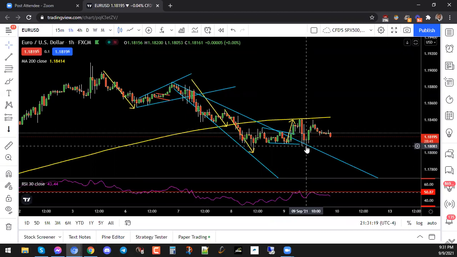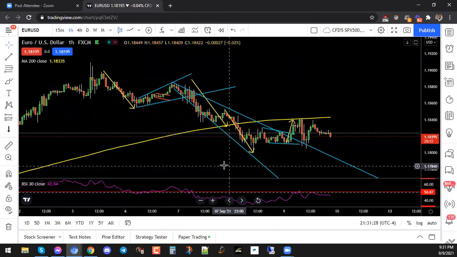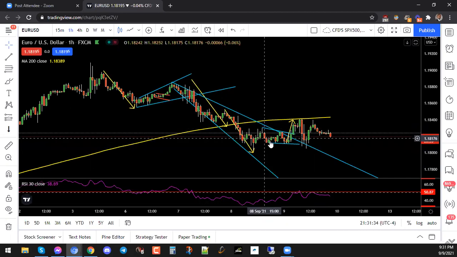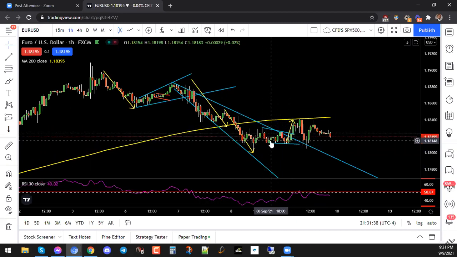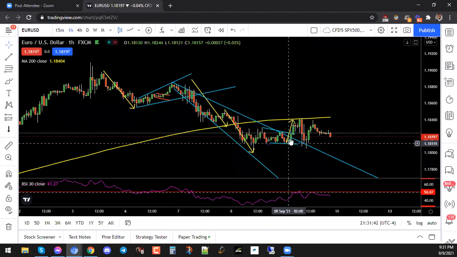Now, what we're going to do is try to understand what this pattern means. When you do chart patterns, whether it be Elliott wave or simple chart pattern formations, it will let you know which patterns are bullish and which patterns are bearish. As you can see here, this is what we would call a bullish pattern formation, because we have an impulse and then we have this corrective pattern formation forming here.